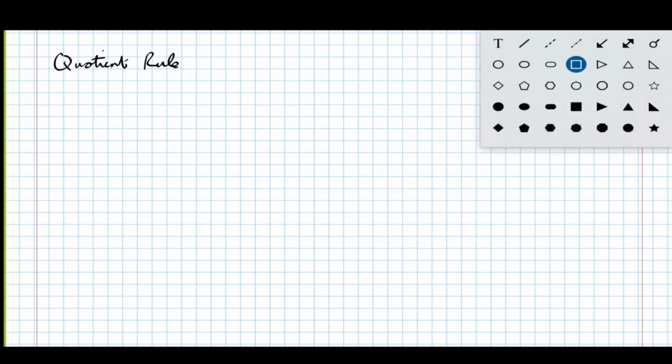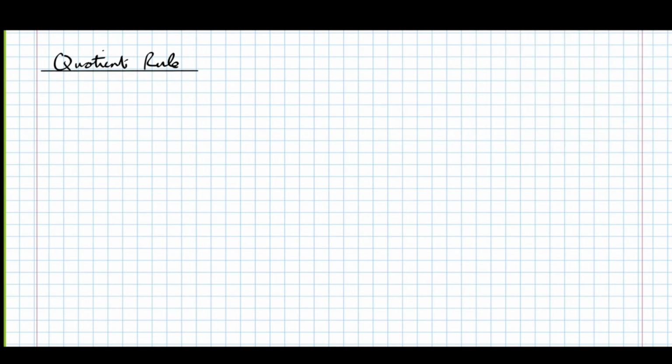So the quotient rule applies to fractions when we're asked to differentiate fractions.